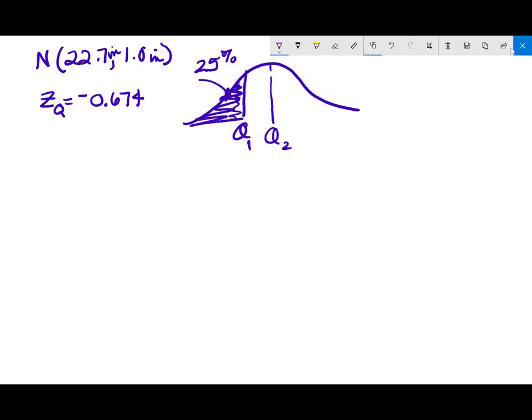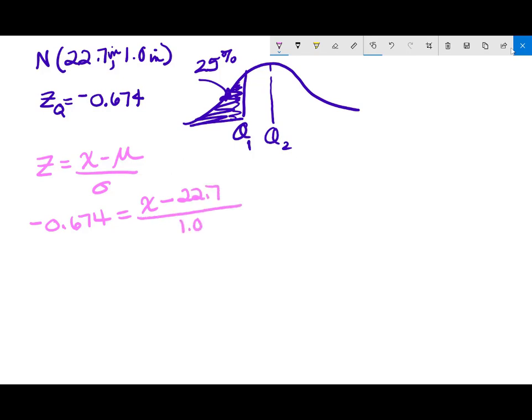So I know z equals my score minus the mean divided by the standard deviation. I know the z-score is a negative 0.674. I don't know what the raw score is, but I know the mean is 22.7 and I know the standard deviation is 1 inch. So how am I going to solve this?